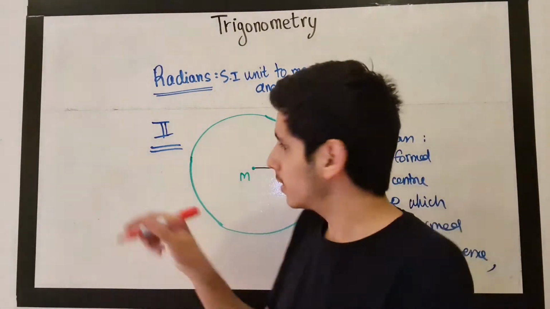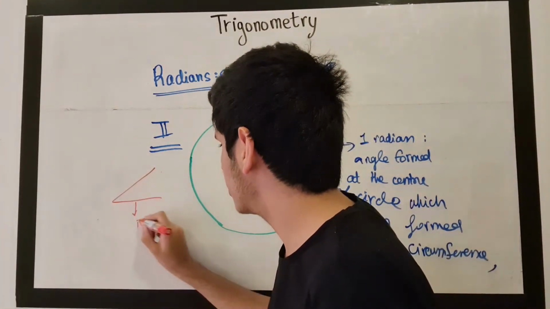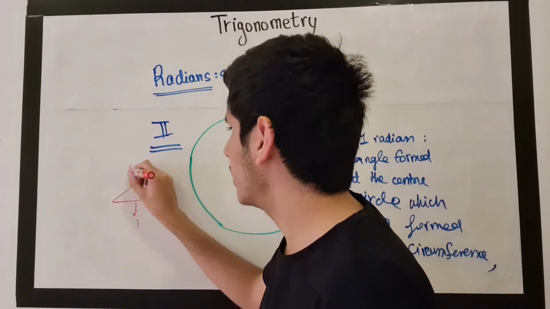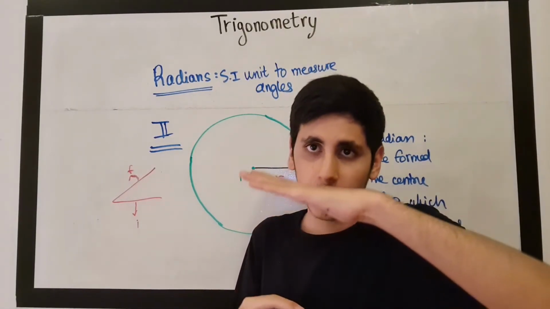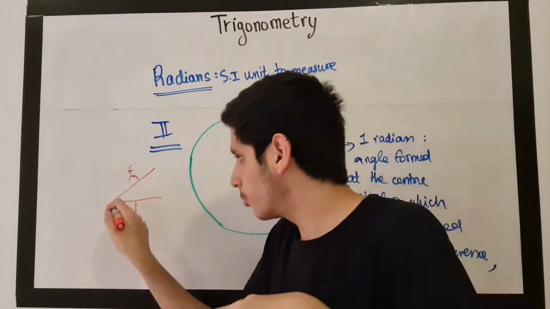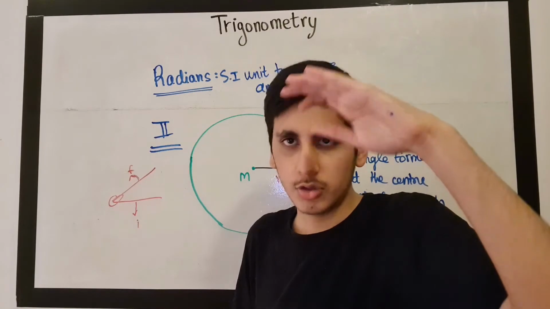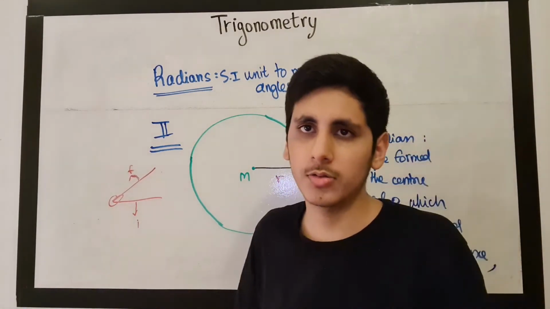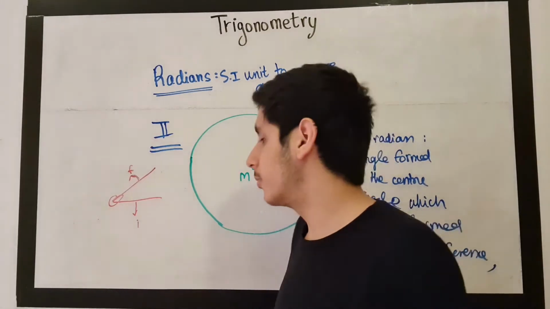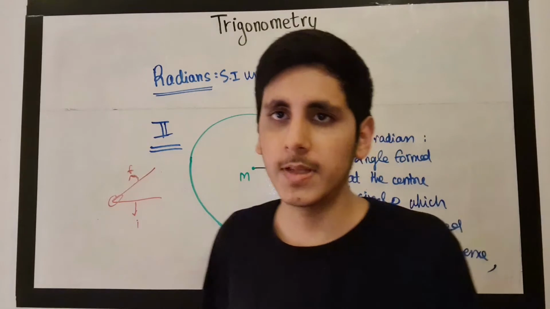This is the initial arm, and this is the final arm, which is the initial arm rotated about one vertex to some other point. The angle formed between those 2 arms is the measure of the angle.